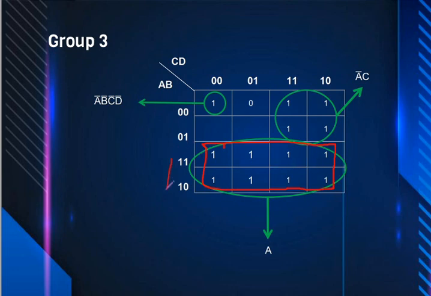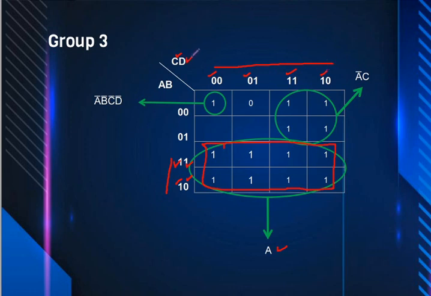First we have these 2 and we have these 4. So what is A? 1, 1, it's common, so we take A. What is B? 1, 0, it's not common, so we'll not take B. What is C? 0, 0, 1, 1, it's not common, so we'll not take C. What is the final one?